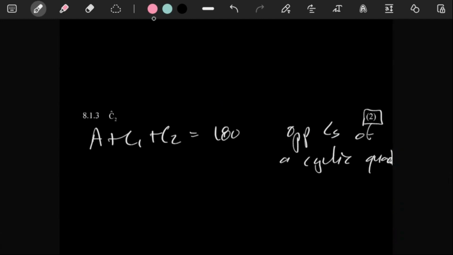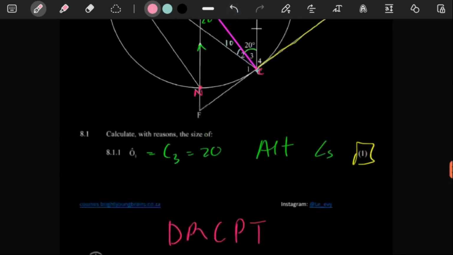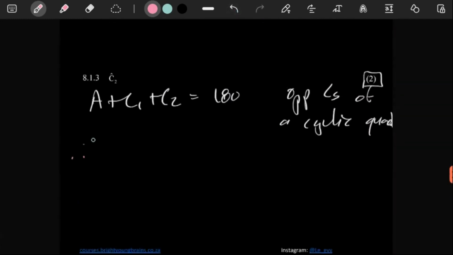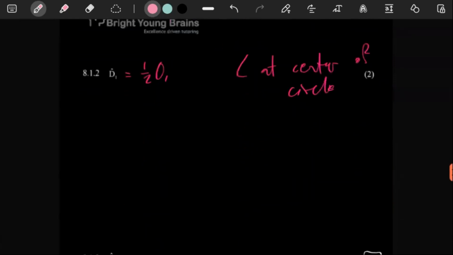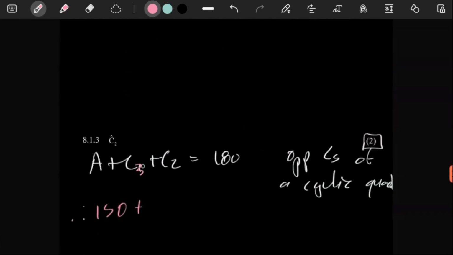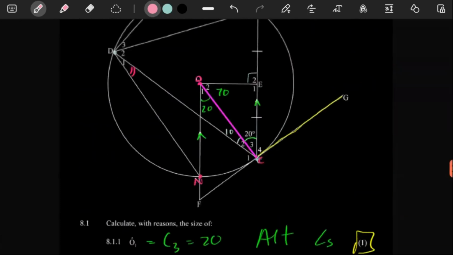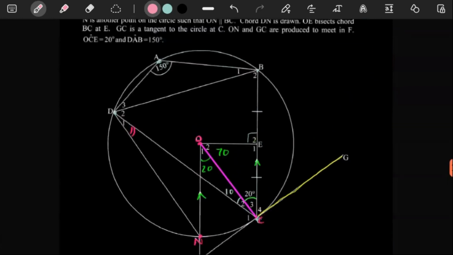So that being said, we know that A is 150, so this is going to be 150 plus C2 and C3. Did I write C1? No. It's C3 and C2. I meant C2 and C3.